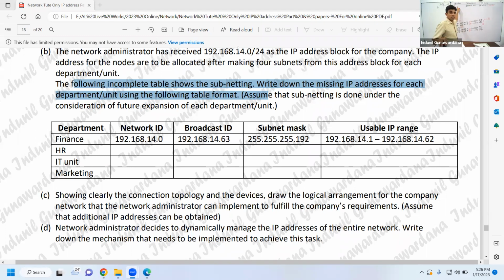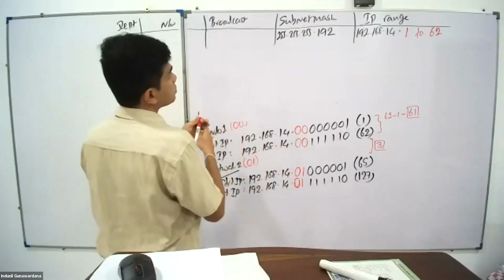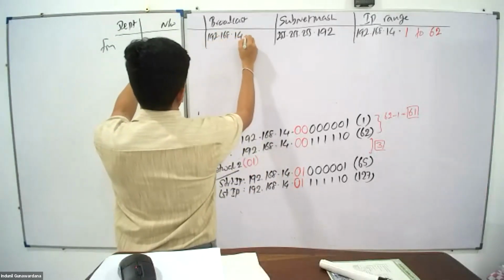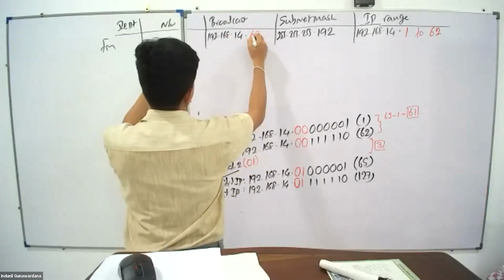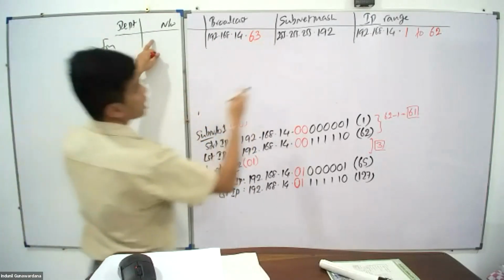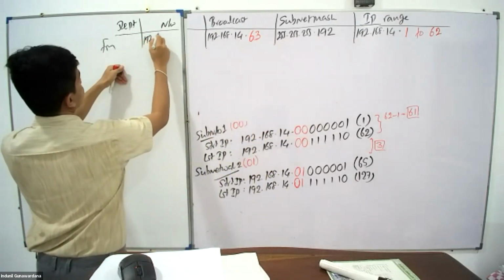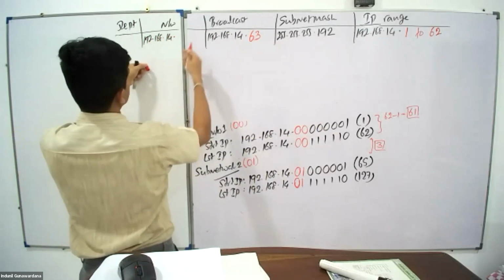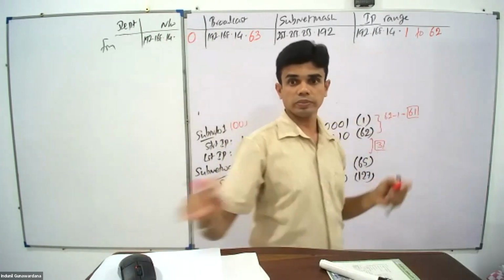Broadcast is one more than the last address. Last is 62, so 192.168.14.62 is the last. Then it's going to be 63. And the network address is going to be 192.168.14.0. Why is it 1 less than the starting IP?